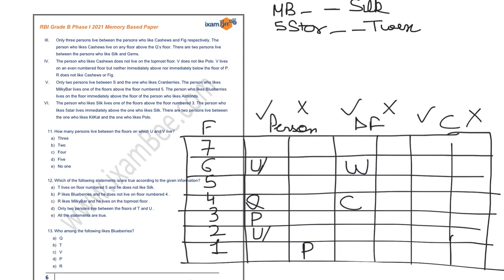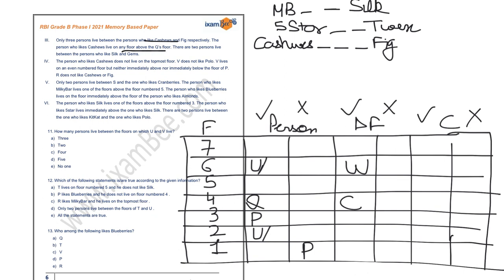Now you can read the next statement that only 3 persons live between the person who likes cashew and fig. So you can write that there is a gap of 3 persons between the person who likes cashews and figs. So I can draw a small hint over here, right? And the person who likes cashew lives on a floor above Q's floor.